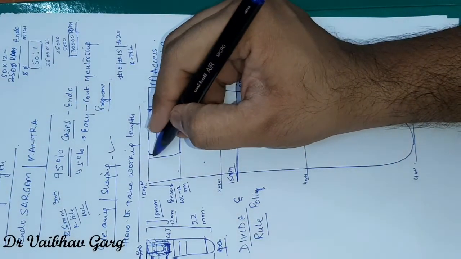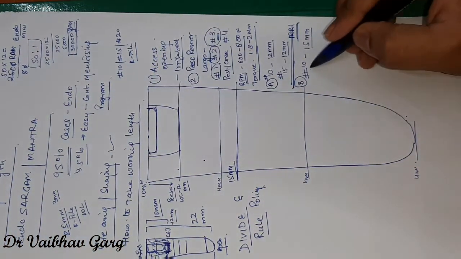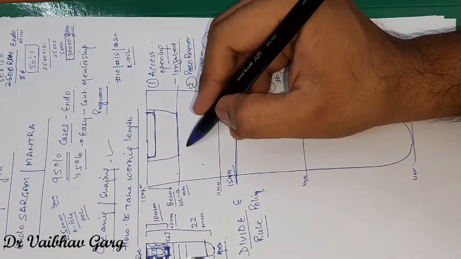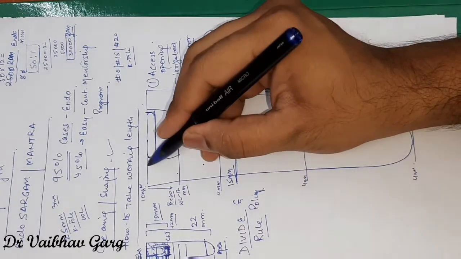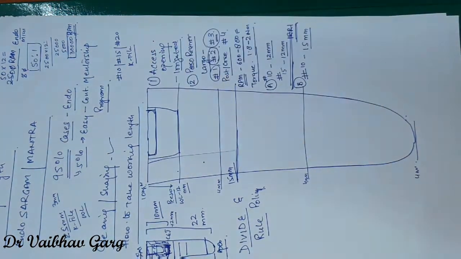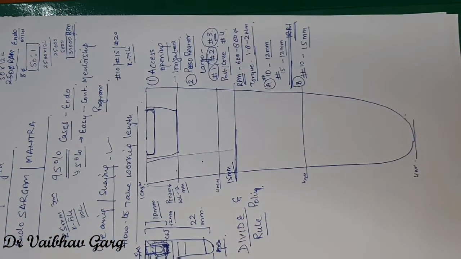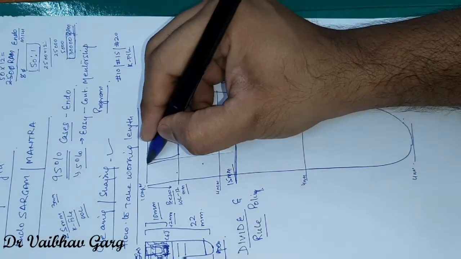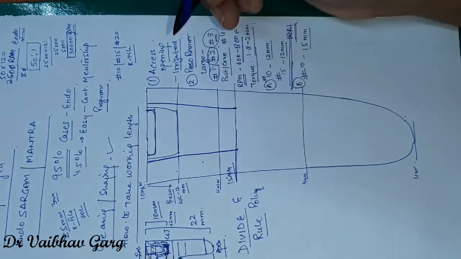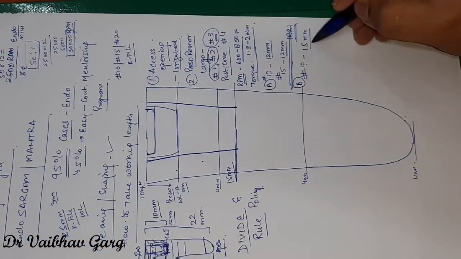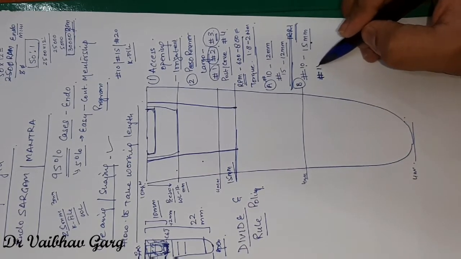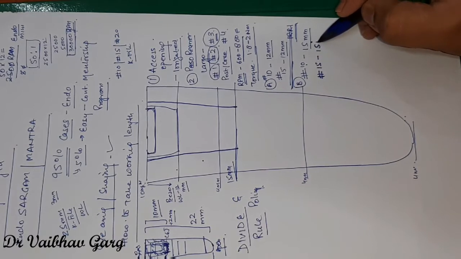If your K file goes here, smoothly and without any division, your K file 10 number should go 15 mm, and your 15 number file should go 15 mm.